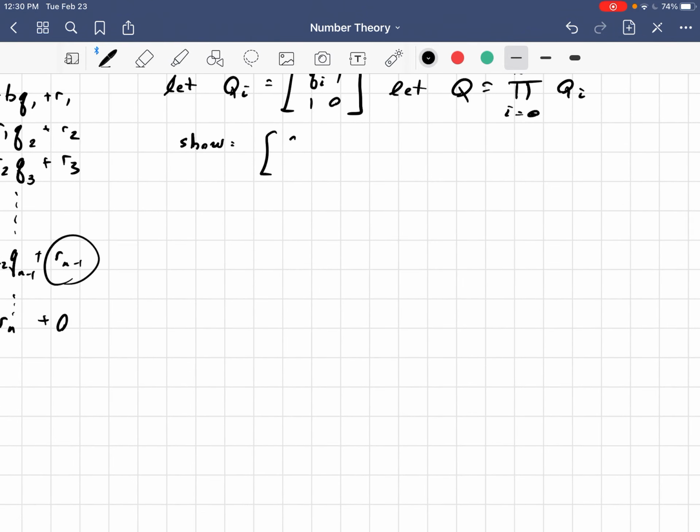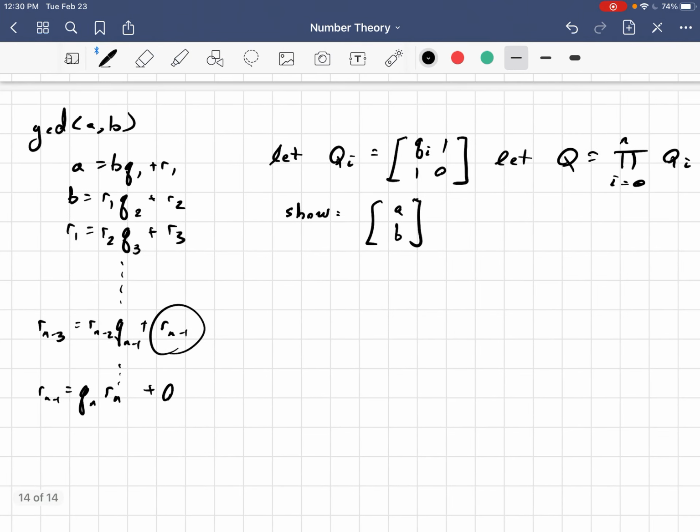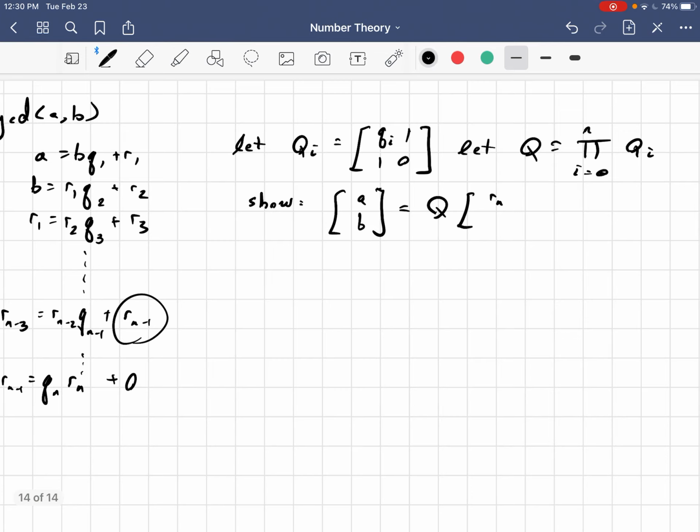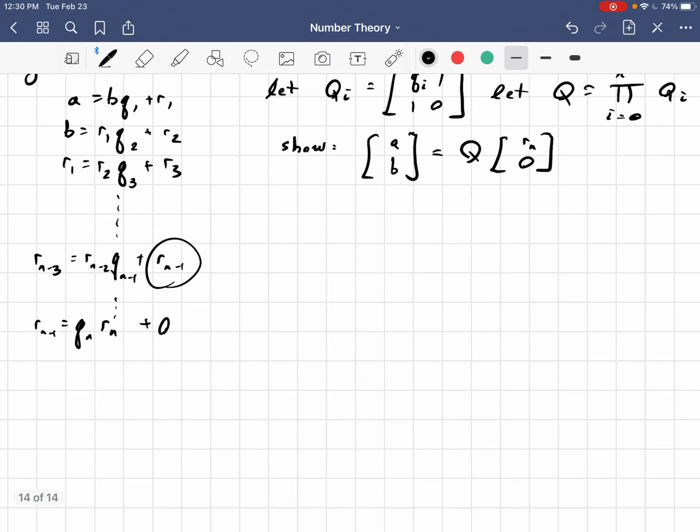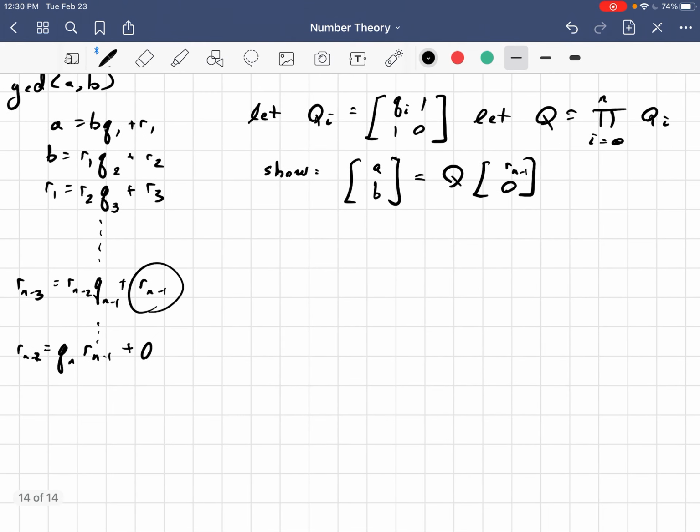What I'm going to show then is that the matrix formed by the two numbers that we wish to find the GCD of is equal to Q times the matrix of the last divisor and 0, in other words, the GCD, R sub n.